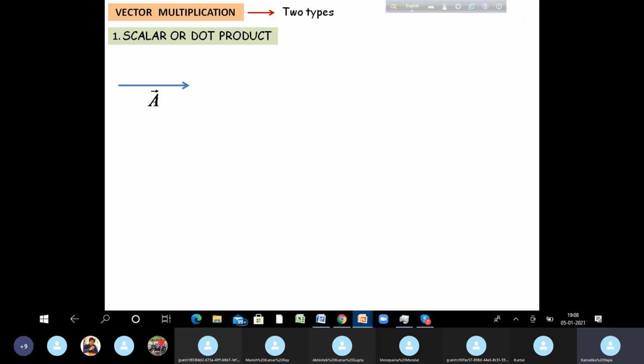By definition, suppose you have a vector A like this and another vector B like this. Wherever the vectors are, you know from our previous discussion that we can always parallelly displace them and make them oriented in this manner, both touching at the tail. Suppose the angle between these two vectors is theta, then by definition, this is the dot product: vector A, dot, vector B is equal to C, where C is a scalar.